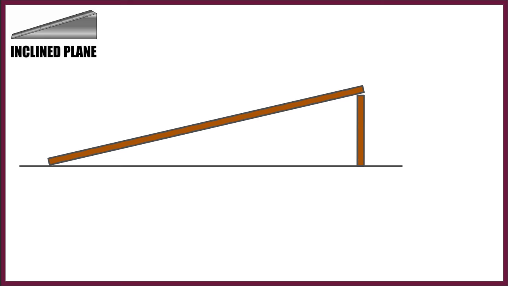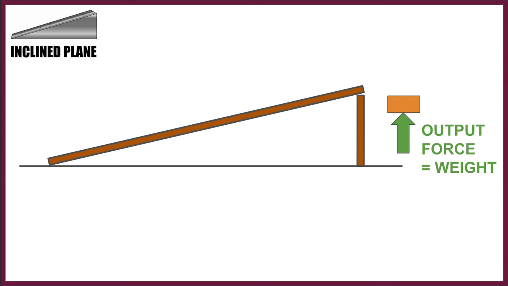So what we again saw there is that the output, the goal, was to lift this weight to a certain height. But the way we were doing it was to actually exert our force along the incline.